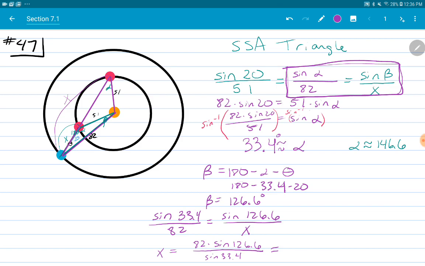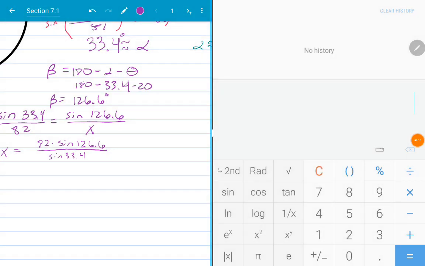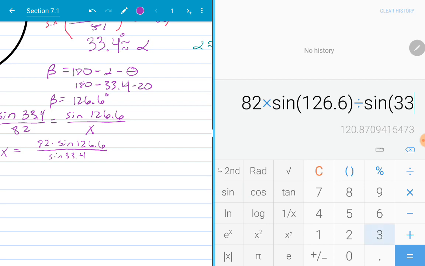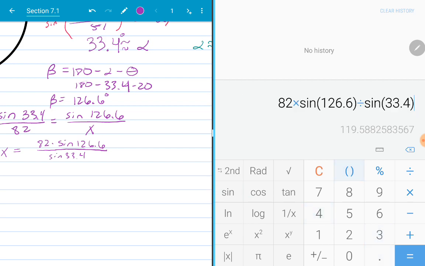So let's grab our calculator. So let's see, I got 82 times sine of 126.6, close that sign, and then divide by sine of 33.4 and close that sign.